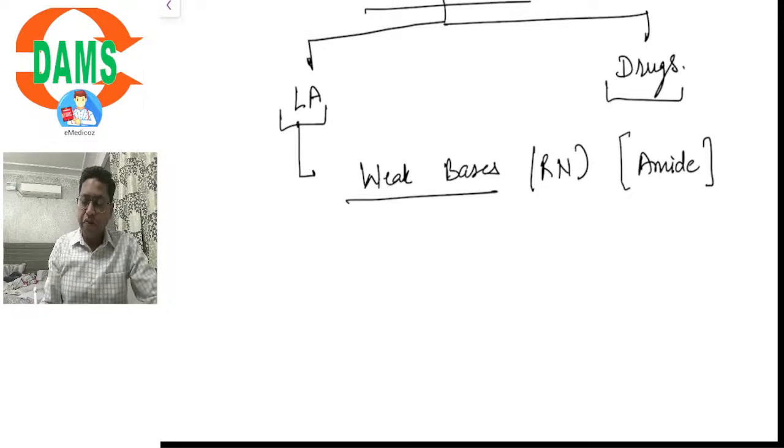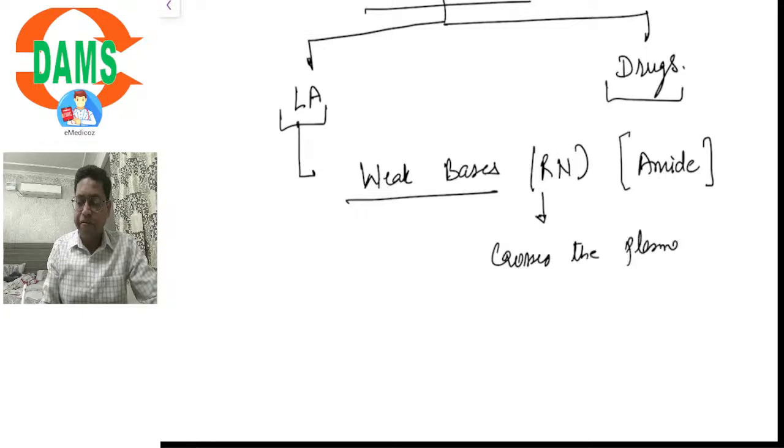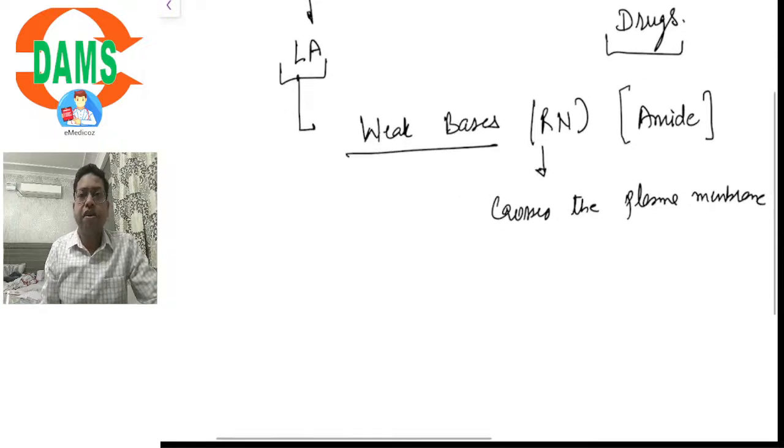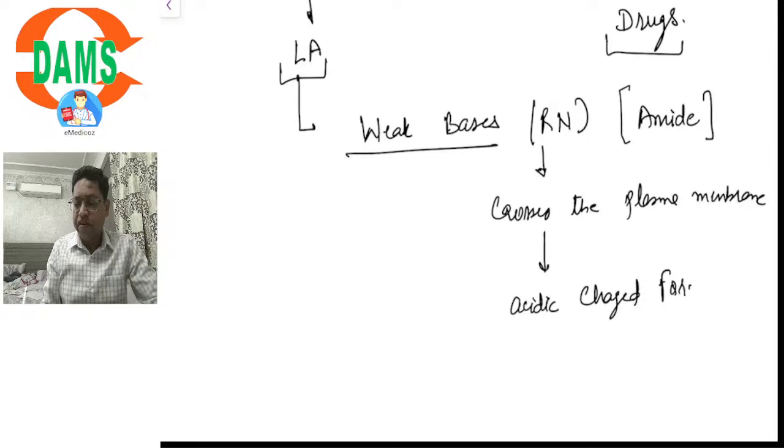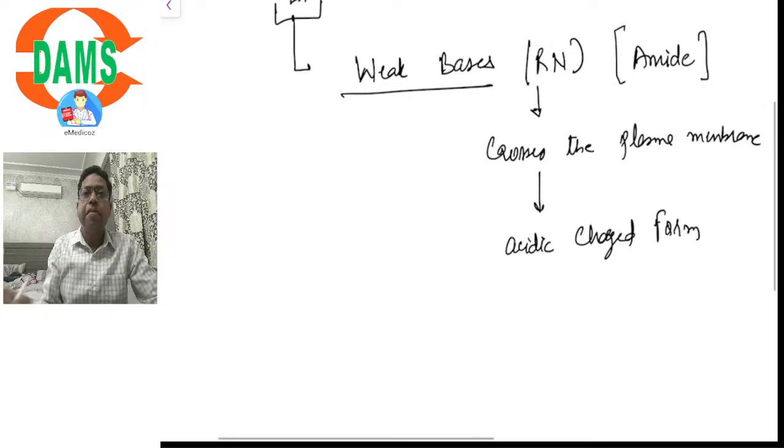So it is the weak base form, that is the uncharged molecule, that crosses the plasma membrane. Some basics of the pharmacology, and then it becomes acidic charged form. After crossing the cell membrane, it comes in acidic charged form represented as RNH positive.